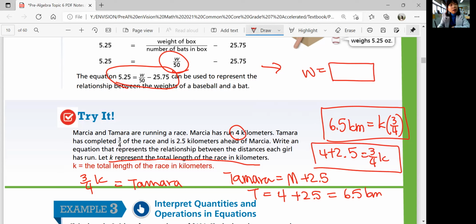Or you could do 4 is equal to 3/4 K minus 2.5. They're all equivalent equations. Okay, there are many more ways to write it, but they're all equivalent equations.